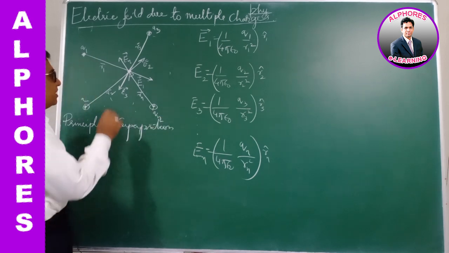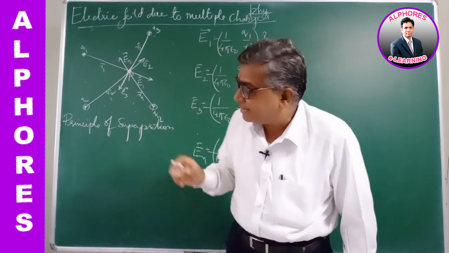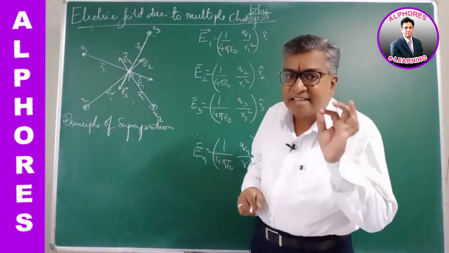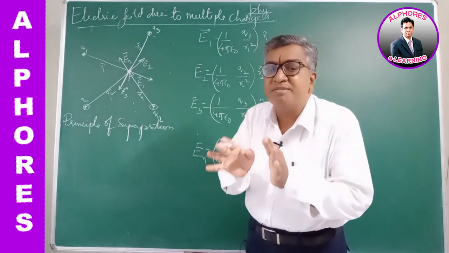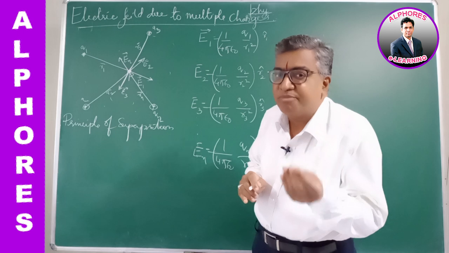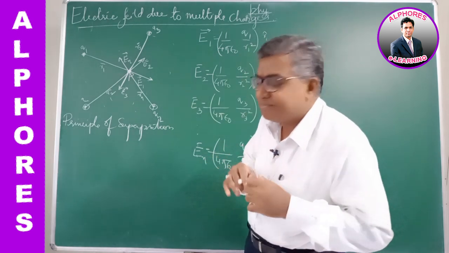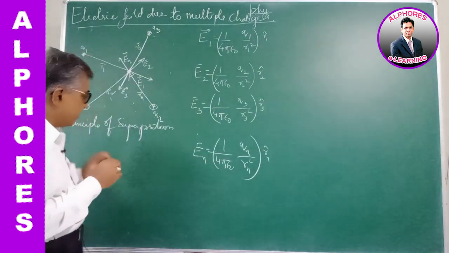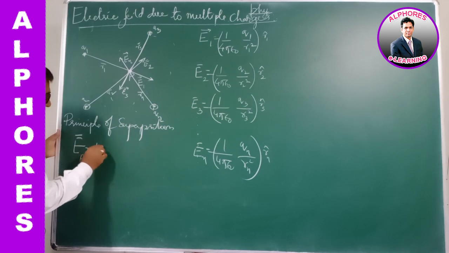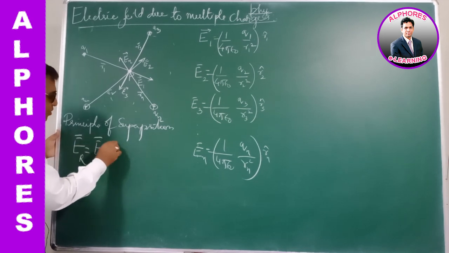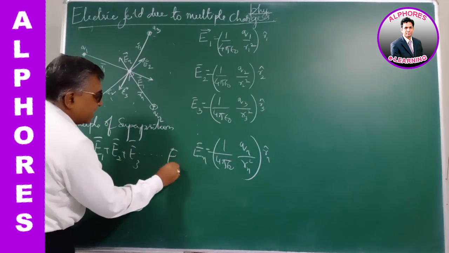the net electric field, the resultant electric field at that point, is the vector sum of all the individual electric field intensities acting at that point, taking all of them simultaneously. So the resultant electric field E is E1 bar plus E2 bar plus E3 bar up to En bar.